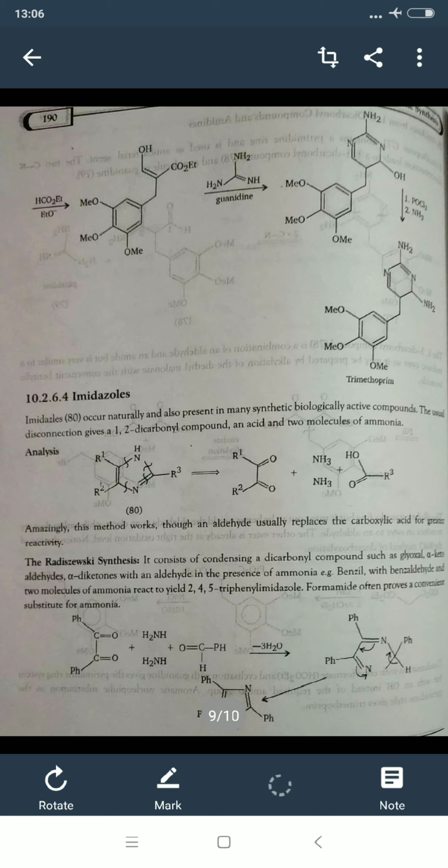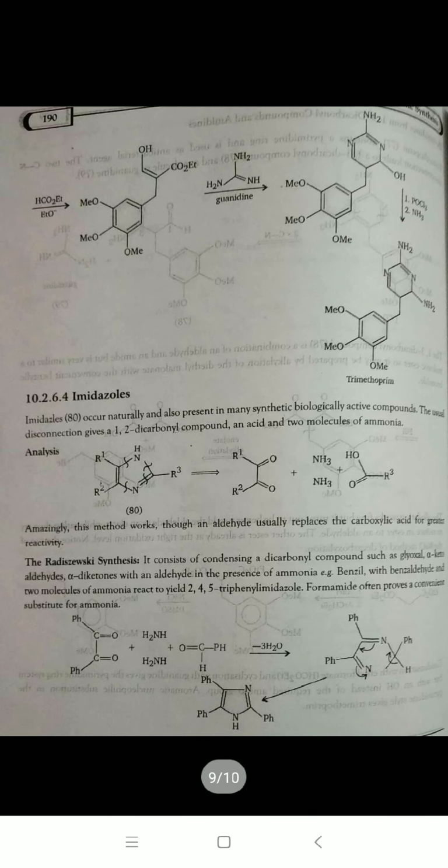Disconnection as above of 80 gives simple starting materials. Here in the analysis, you can see the imidazole containing the NO2 group, and here C6H5 and CH=CH2.